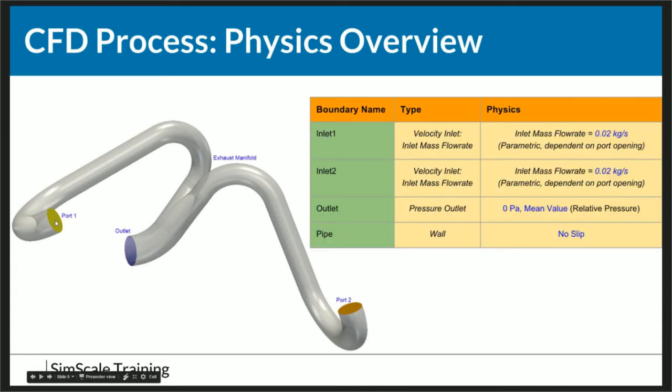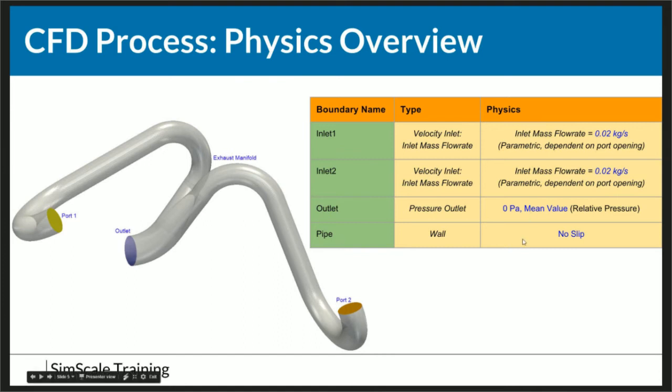This one would be inlet 1 and this is inlet 2. Those would be velocity inlets, and we would specify the mass flow rate on those inlets. The outlet would be at atmospheric pressure, or zero relative pressure to the atmosphere, because it is an incompressible flow simulation. We do not need to define a real atmospheric pressure. We just work with the differential pressure.